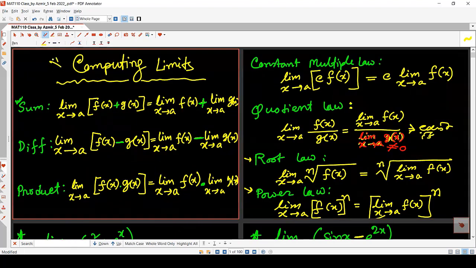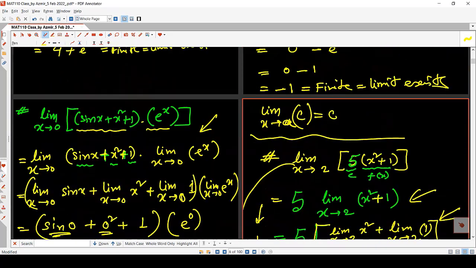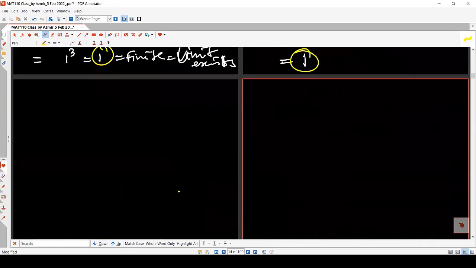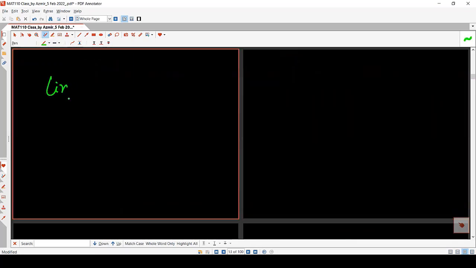We have to recall these properties always so that we can easily apply them whenever we have complicated examples. Besides this, I have already mentioned that the limit of a constant will be a constant. So you need to also remember this one.